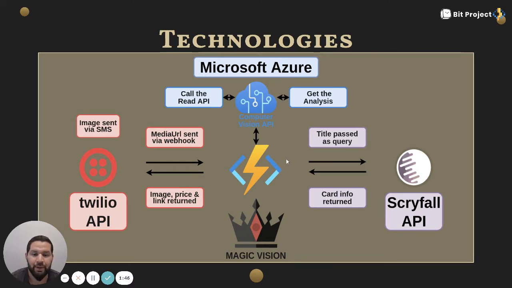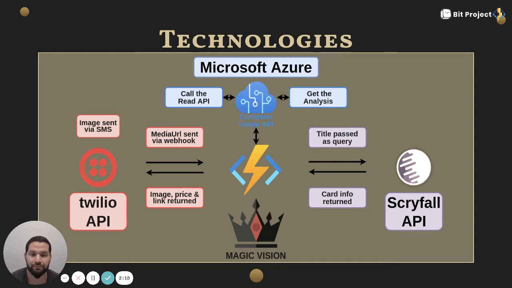The technologies that power Magic Vision stand on three main pillars. First, we start with the Twilio API, then the Microsoft Azure API, the Computer Vision API, and Scryfall API. So when we send an image via text message, that media URL is sent via webhook to the Azure function.